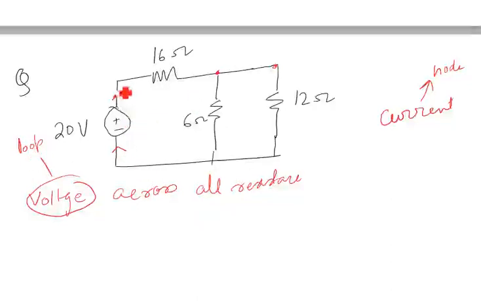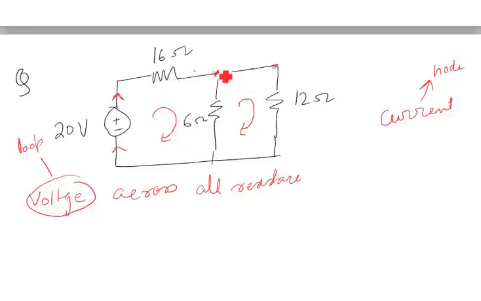Loop means you have to find a closed path. So if you start from here, you can move like this and come back. So this is loop number one. Similarly, you can start from here and move from here. For node, node means diversion. At this point, suppose there are two paths, a new path is created.